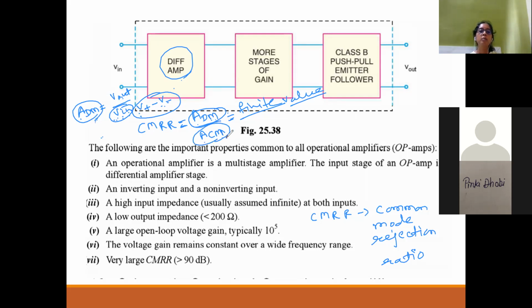But common mode gain, if you see, common mode means these two inputs are same, non-inverting input and inverting input. So common mode gain is defined again by V out by V in, where the inputs are same. That means V in is 0. Why?